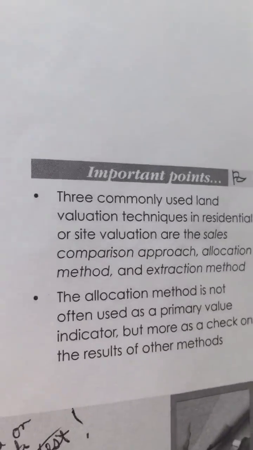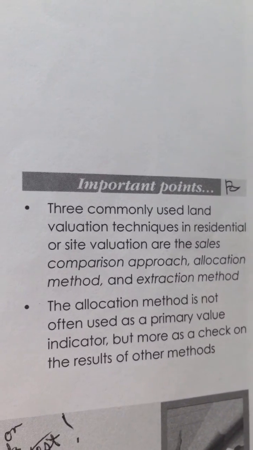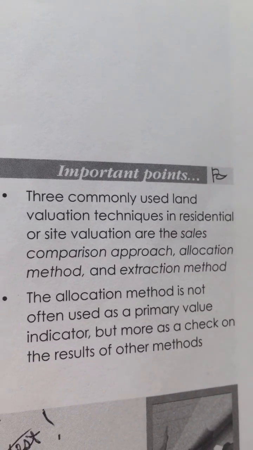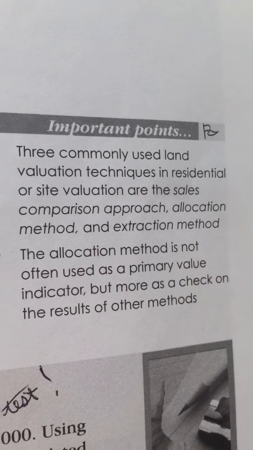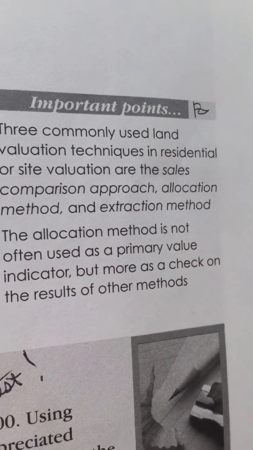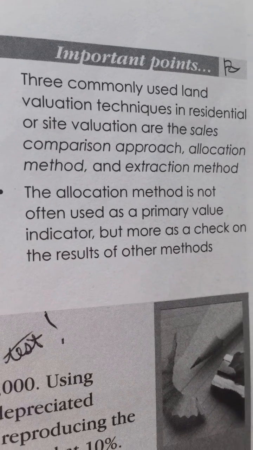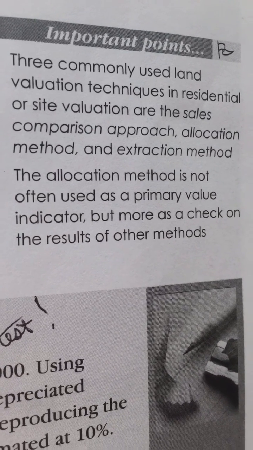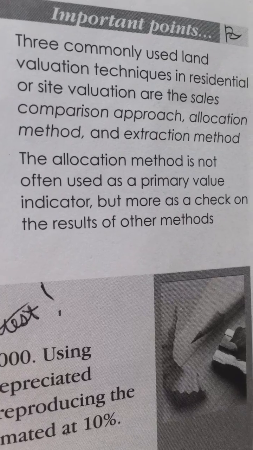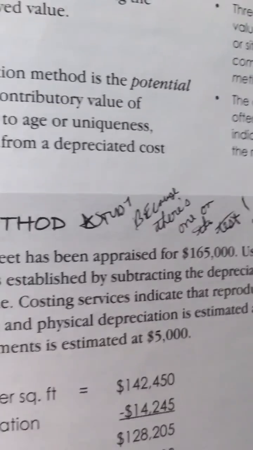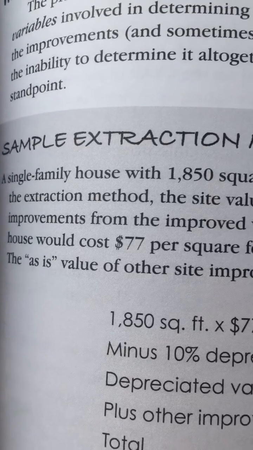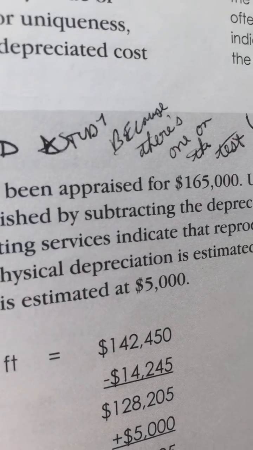Important points. 3 commonly used land valuation techniques in residential or site valuation are the sales comparison approach, allocation method, and extraction method. The allocation method is not often used as a primary value indicator, but more as a check on the results of other methods.